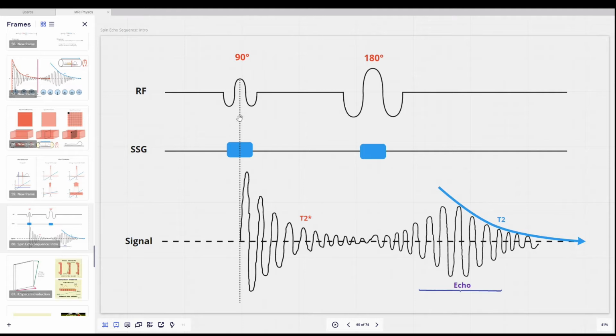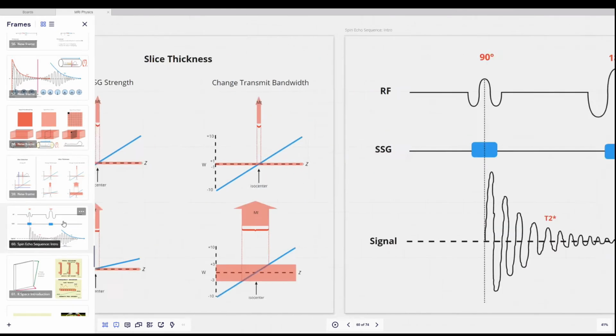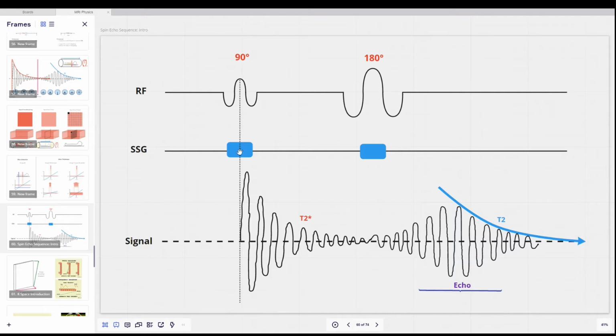Okay, and we said that anytime we apply our RF pulse, we also have to apply that slice select gradient, which is this second line here, this blue box, right? It's the combination of applying that slice select gradient and the RF pulse at whatever range we pick, like here, that allows us to pick a slice.